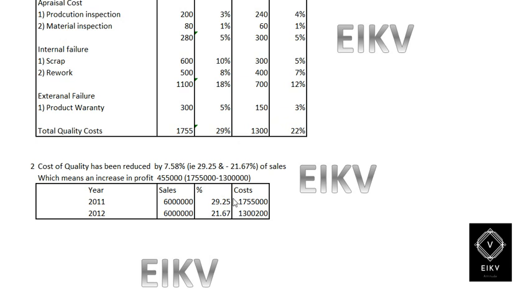When we multiply it with sales, we get 17,55,000 as the total cost for 2011, and when we take 60 lakhs multiplied by 21.67 percent, we get 13 lakhs as the quality cost of 2012. When we take the difference of these two costs, we get an amount of 4,55,000. So compared to the year 2011, in the year 2012 we get a reduction in cost of 4,55,000, which will increase the profit of the company for the year 2012.